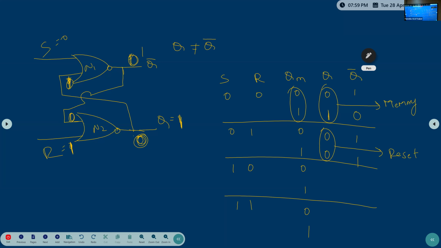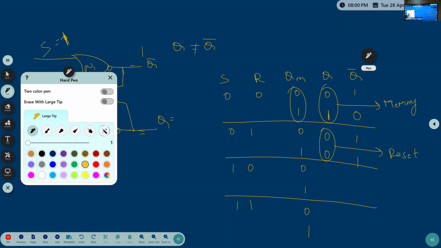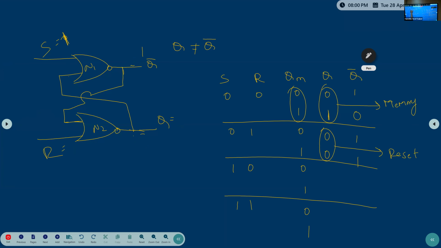Now next, this one is 0, this one is 1. I already told any one of the input is high, output will be low. So what is this one? It is 0. This 0 comes here, and this one is already 0, 0 0, this one becomes 1. This one coming here, 1 1 0 only.